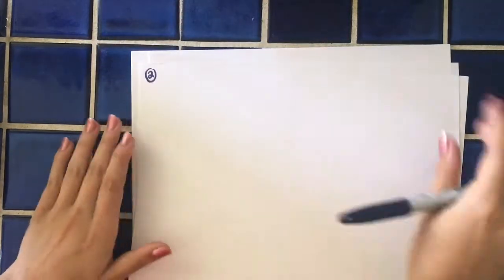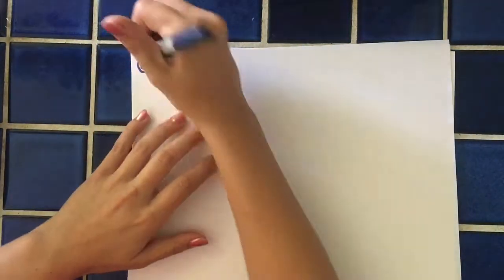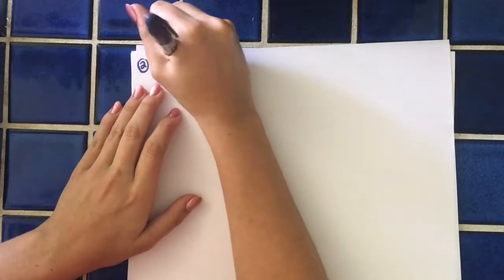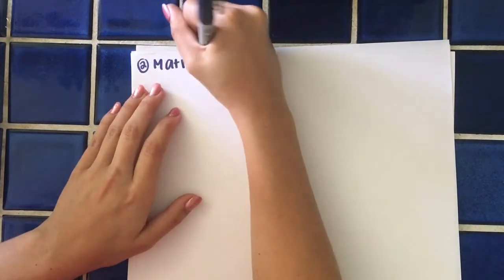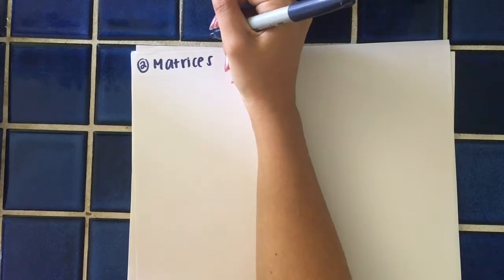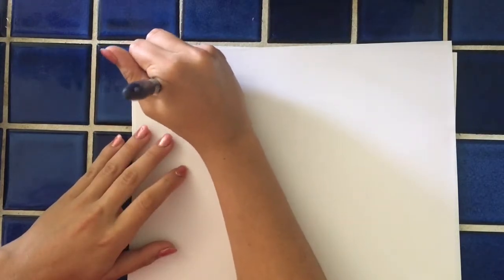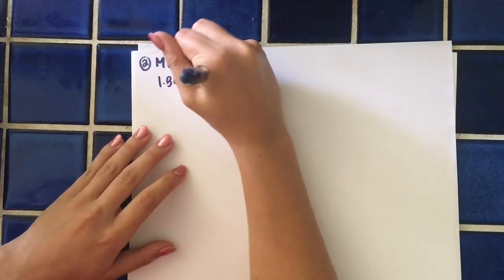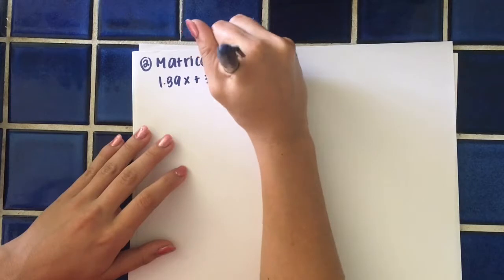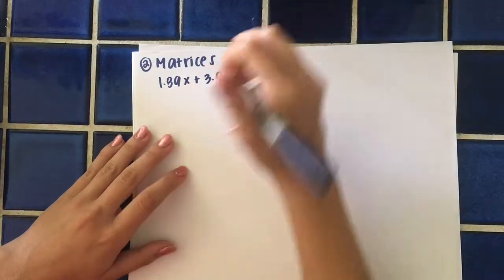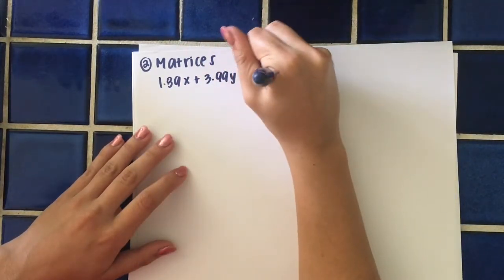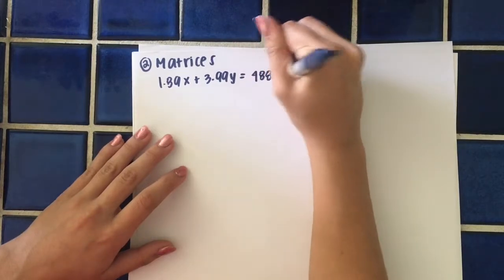And now our second method is going to be using matrices. Once again, I'm going to write down the equations. So it's 1.89x plus 3.99y equals 488.25. Perfect.